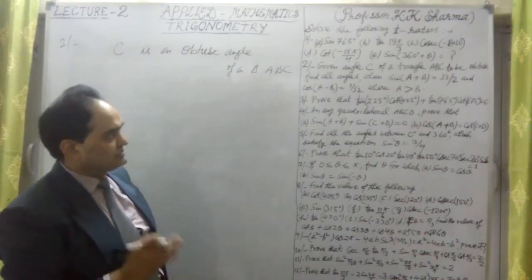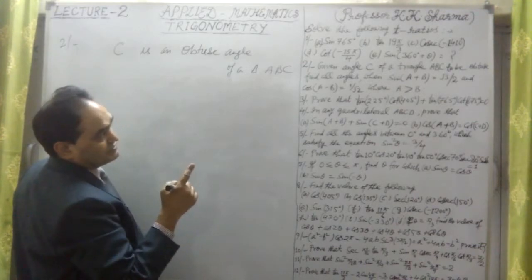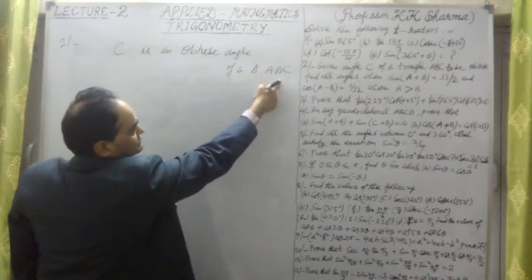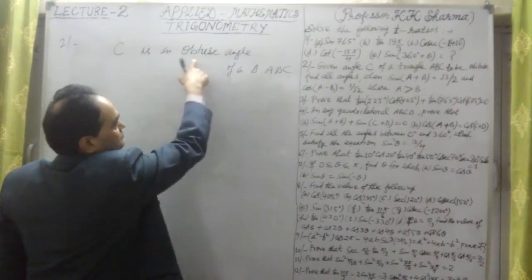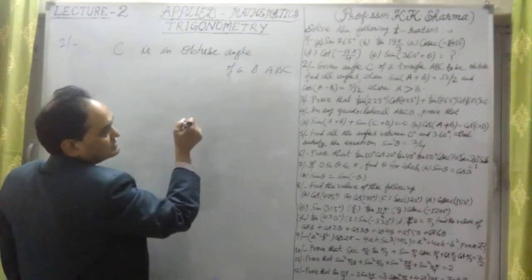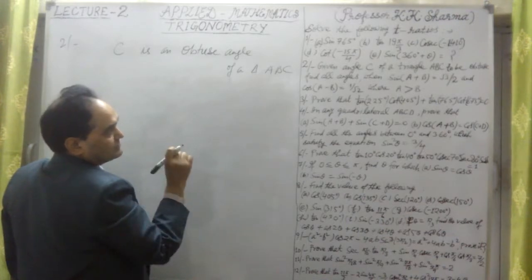This is given to us. It says given angle C of a triangle ABC to be obtuse, and we have to find all the 3 angles A, B, and C.